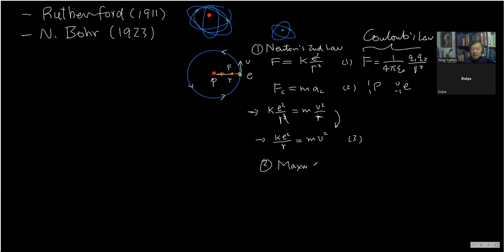Maxwell, in the late 19th century, rewrote the theory of electricity and magnetism. He built the 4 equations to describe everything on electromagnetism together, and also electromagnetic waves.